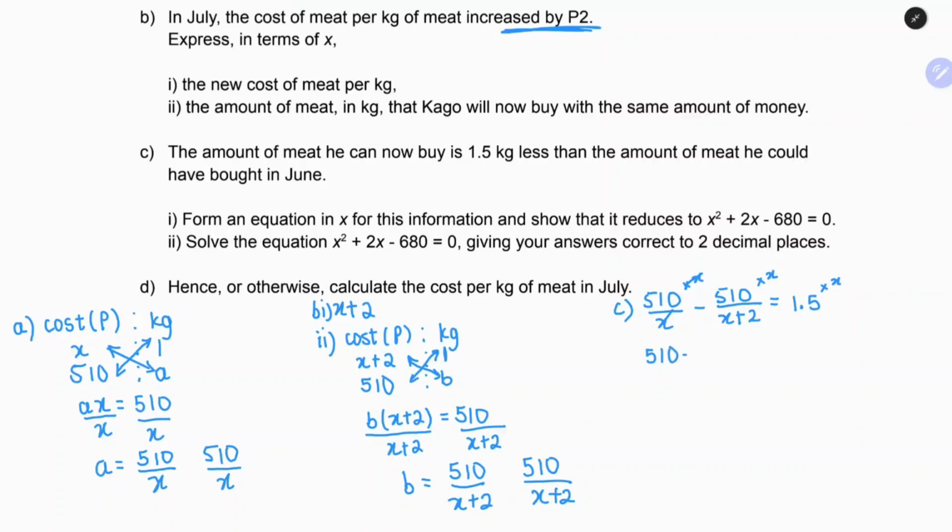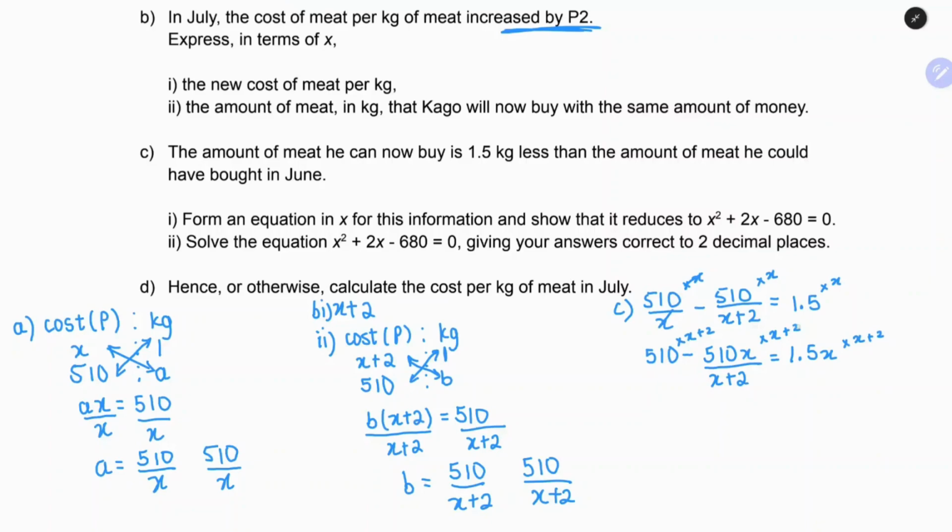So you'll have 510 minus, make sure not to do any funny stuff like I said earlier, and then you're going to have 510x divided by x plus 2 is equal to 1.5x. So you're just going to go again, times x plus 2, times x plus 2, times x plus 2.